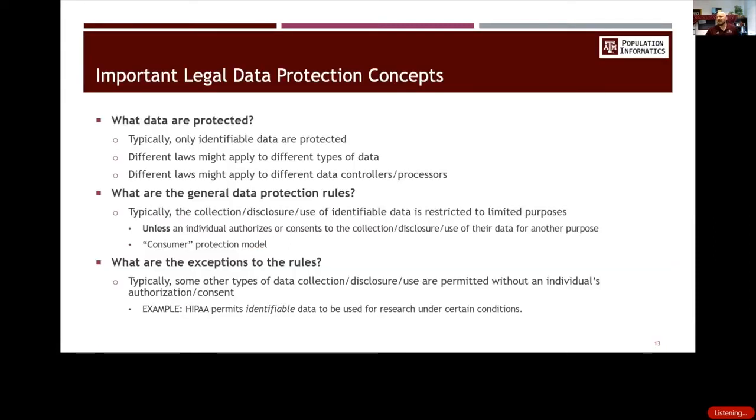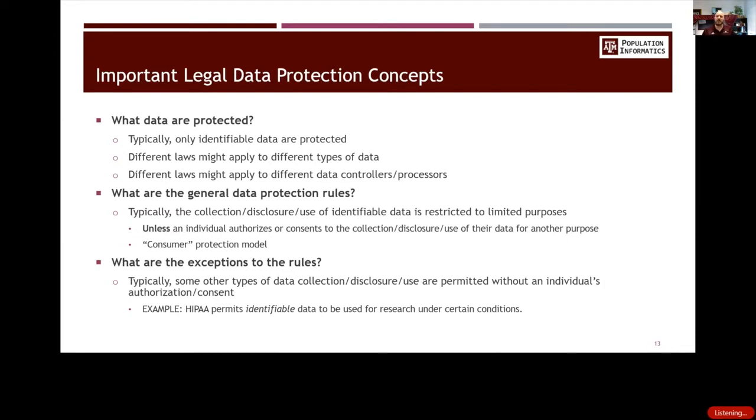So there are three big questions you need to understand when it comes to legal data protection. First, what data are protected? Second, what are the general data protection rules? And third, what exceptions to those rules exist? So in the United States, typically the laws only protect identifiable data.